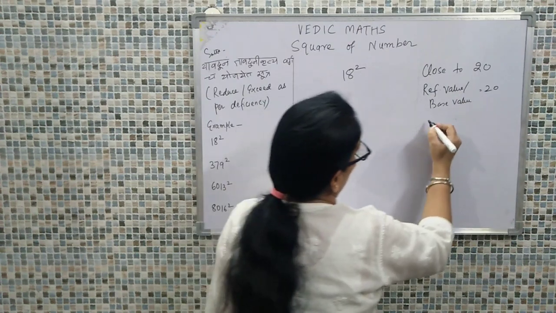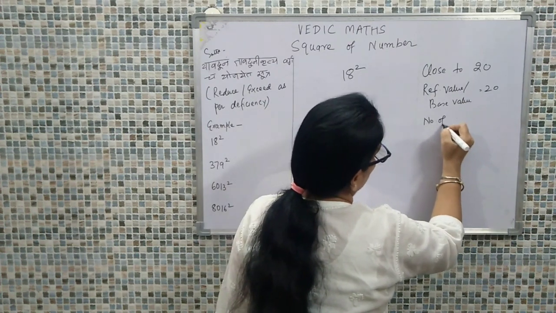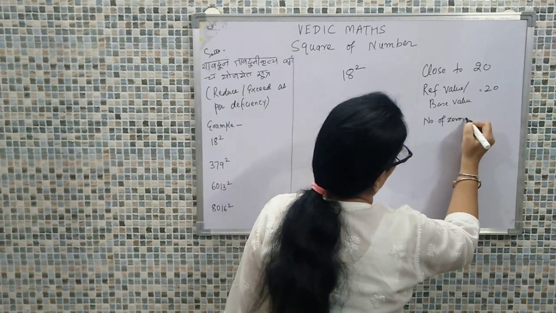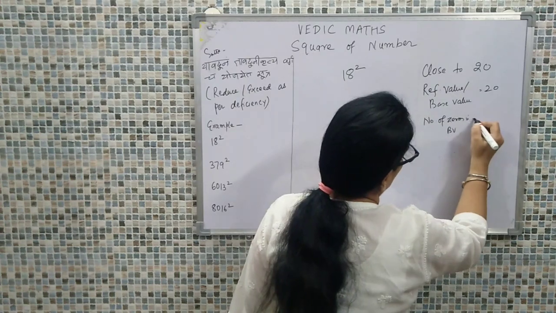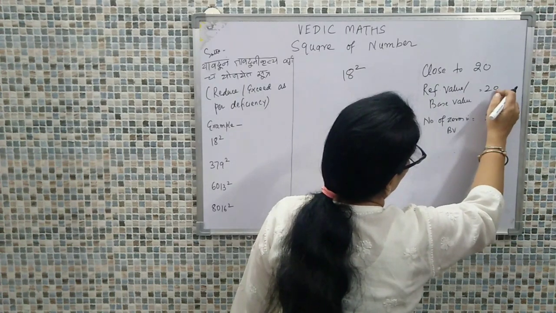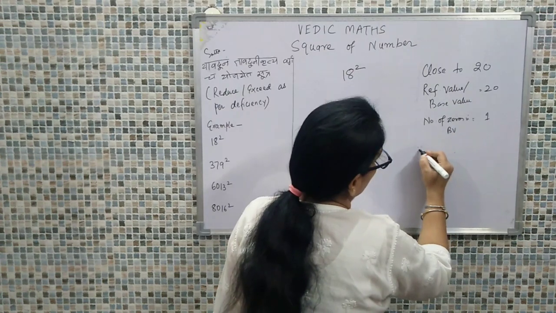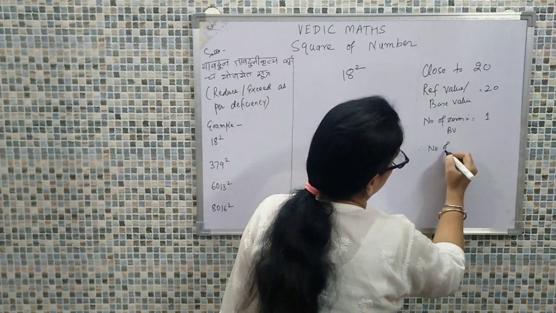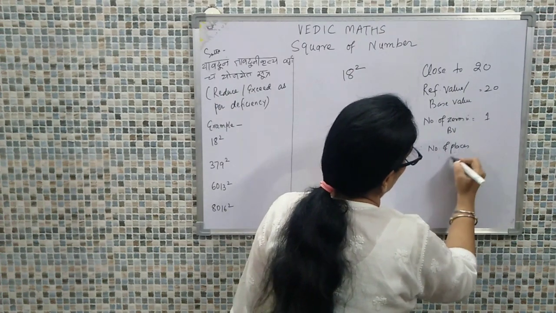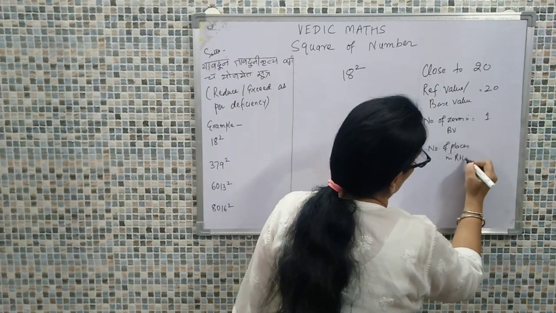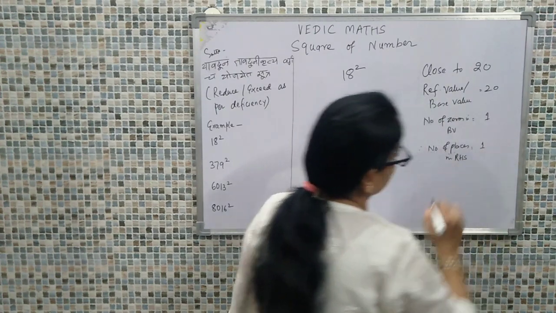Now how many zeros are there in the base value? The number of zeros in the base value is 1, because 20 has only a single zero. Therefore, the number of places we have to leave in the RHS will be 1.